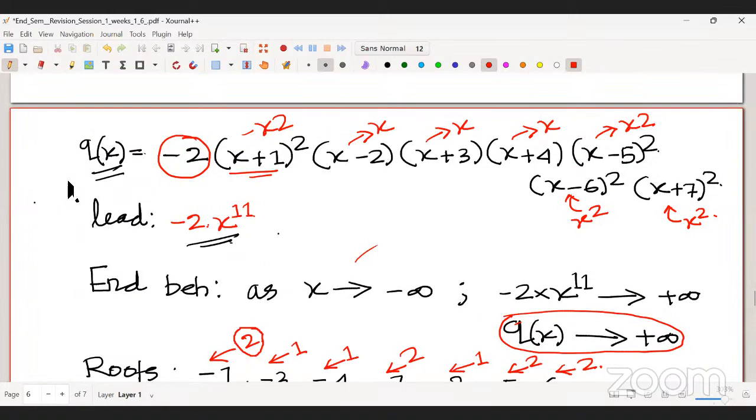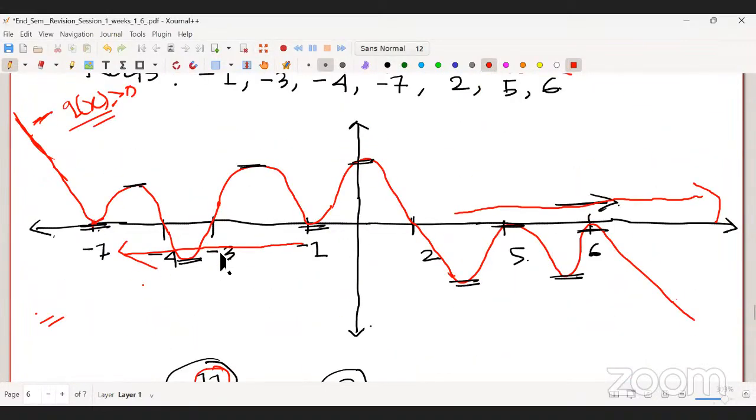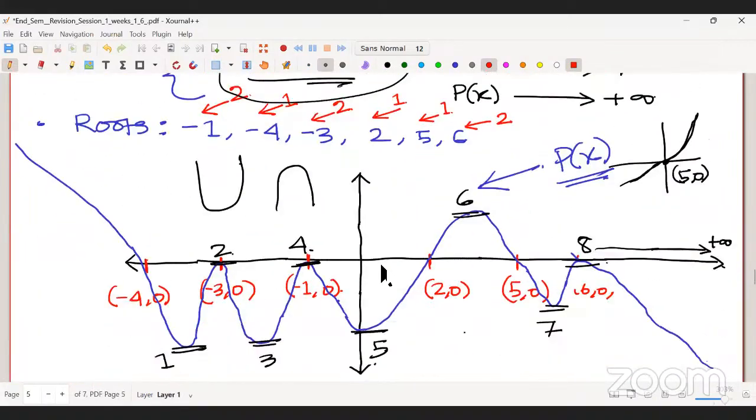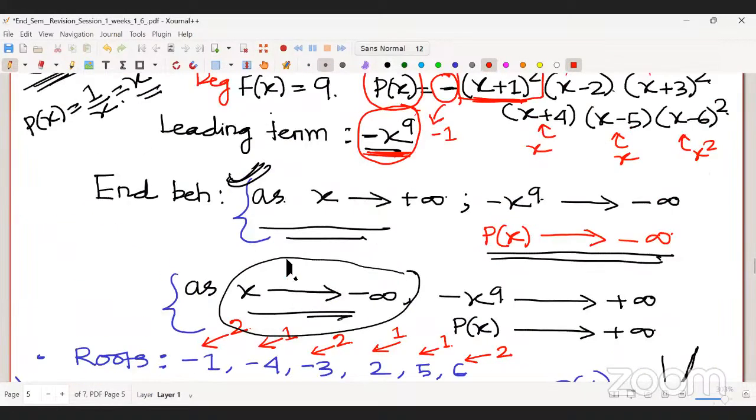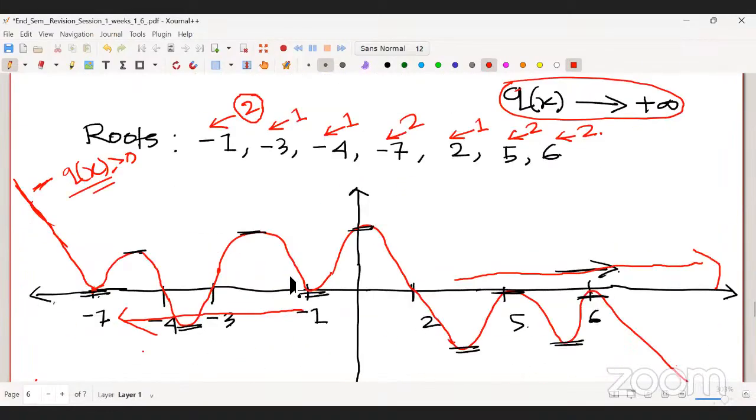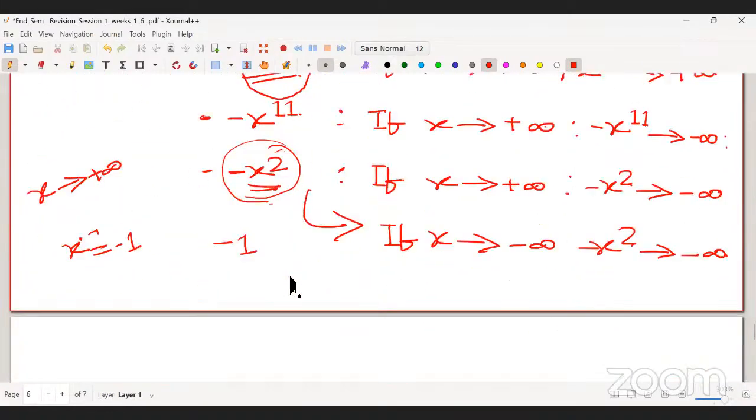Yes, for a degree n polynomial, you can have at most n minus 1 turning points. For this case, we are getting precisely n minus 1 turning points.